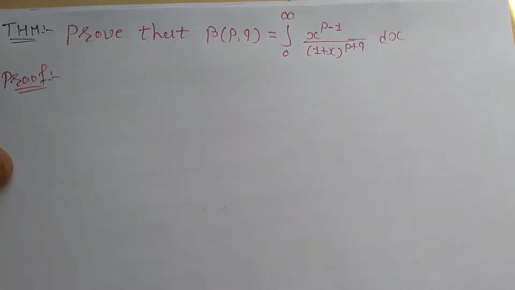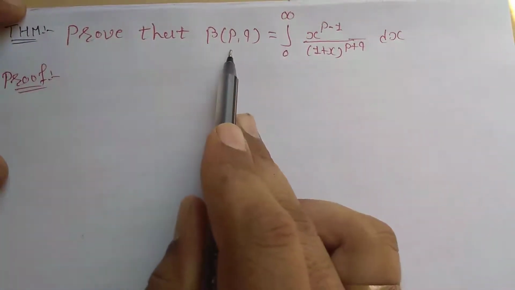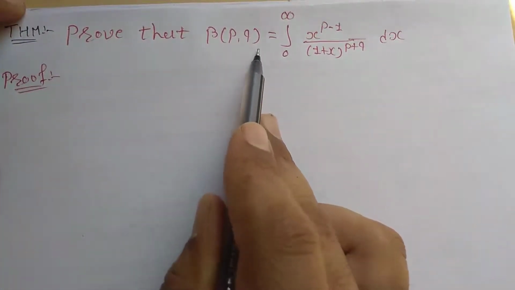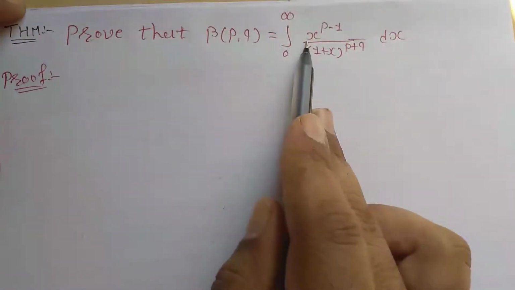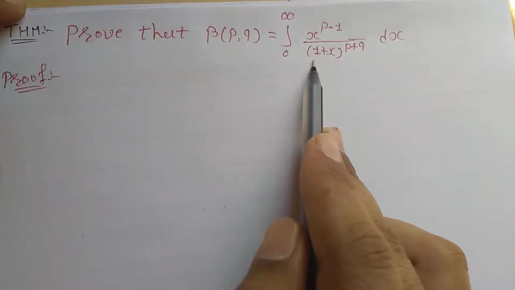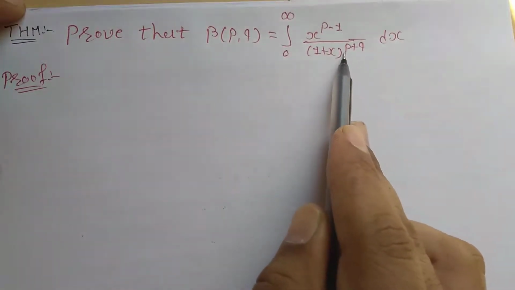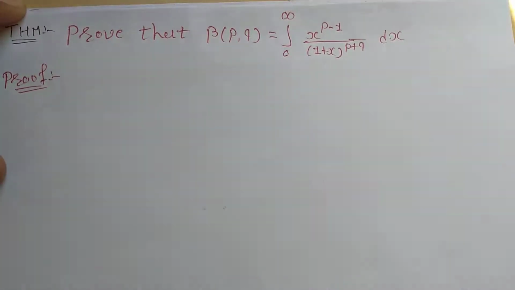Now next theorem. Prove that beta of p comma q is equal to integration 0 to infinity x raised to p minus 1 divided by 1 plus x raised to p plus q dx. This is also very much important.